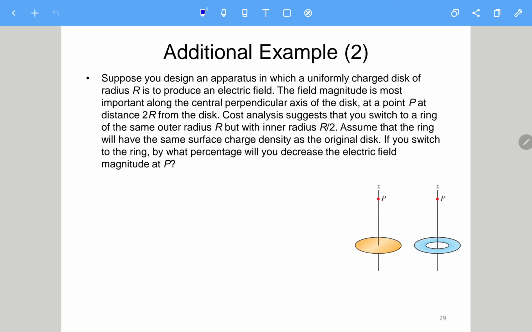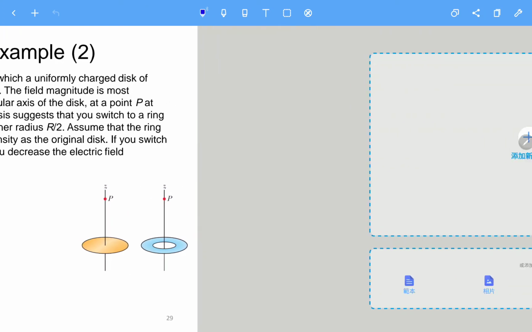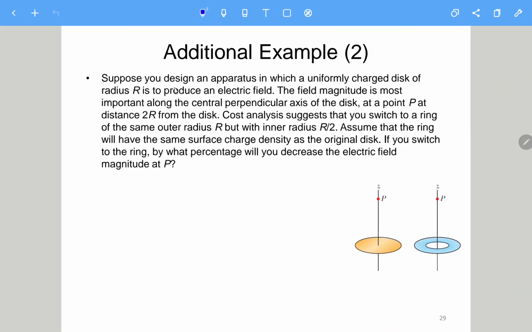So we have another additional example, and I suppose we can finish it quickly. Suppose you design an apparatus in which a uniform charge disk of radius r produces the electric field like this one.